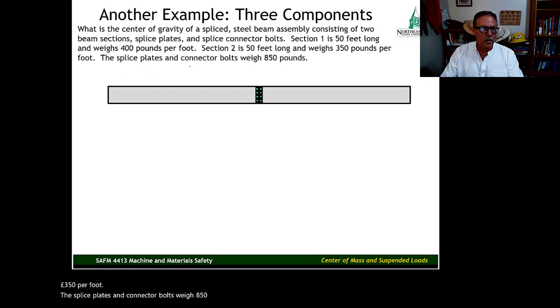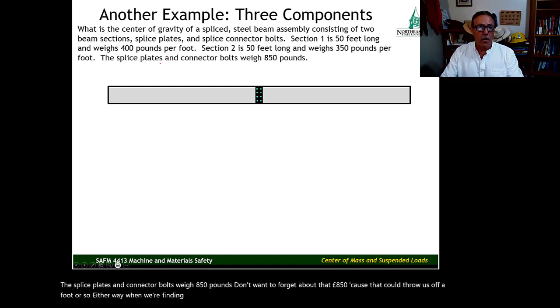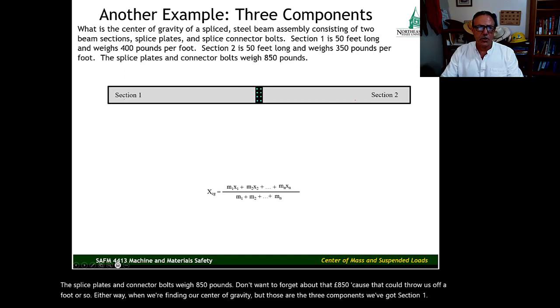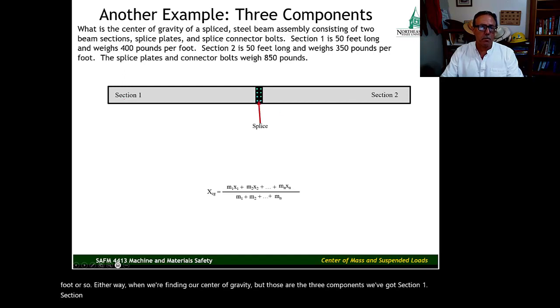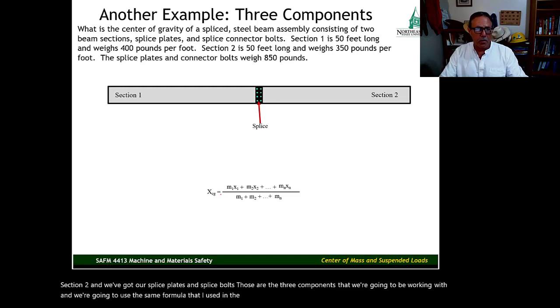Don't want to forget about that 850 pounds because that could throw us off a foot or so either way when we're finding our center of gravity. But those are the three components. We've got Section 1, Section 2, and we've got our splice plates and splice bolts. Those are the three components that we're going to be working with, and we're going to use the same formula that I used in the previous example problem.